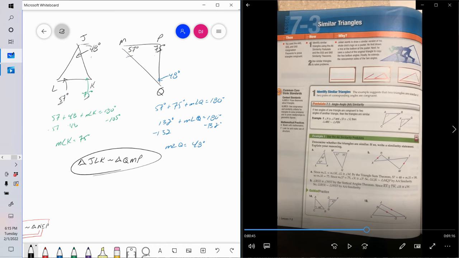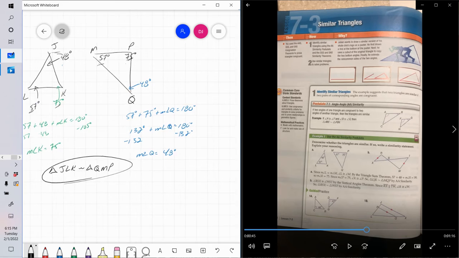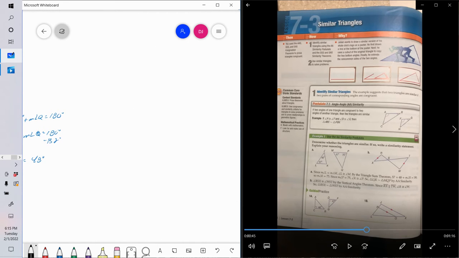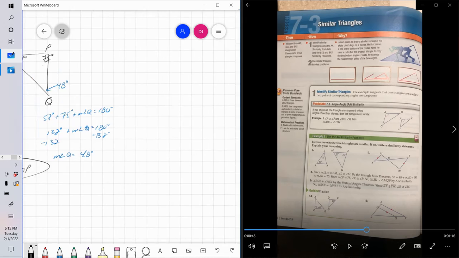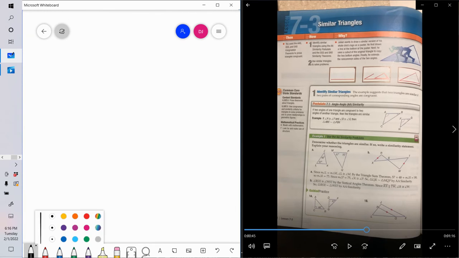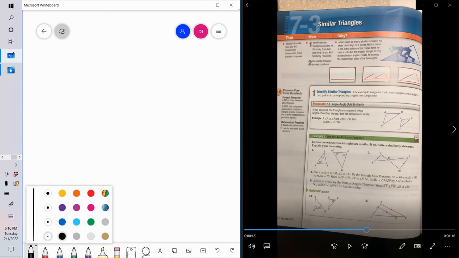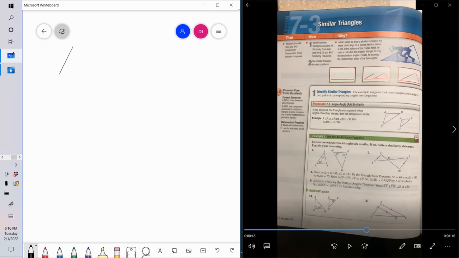So let's look at example 1, part B here, because this does throw people off just a little bit sometimes, because we have a little bit of a twisting factor going on. I call it a twisting factor here. Try to make this a little bit prettier. Okay.